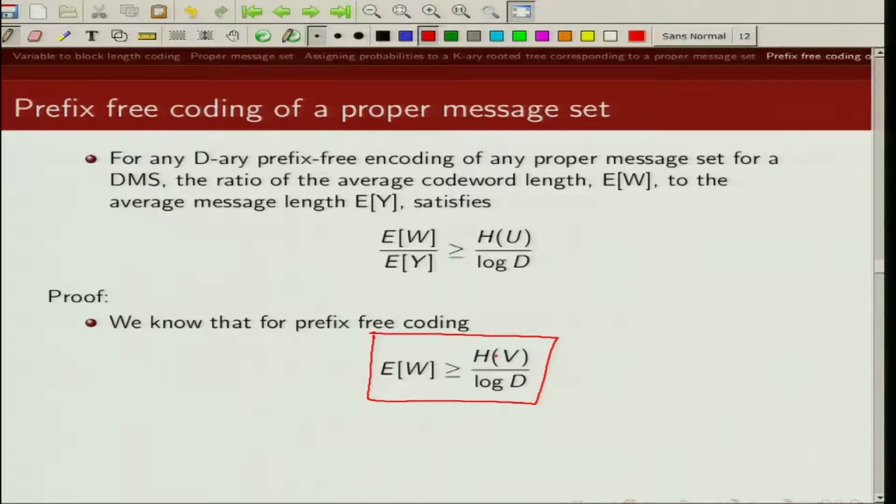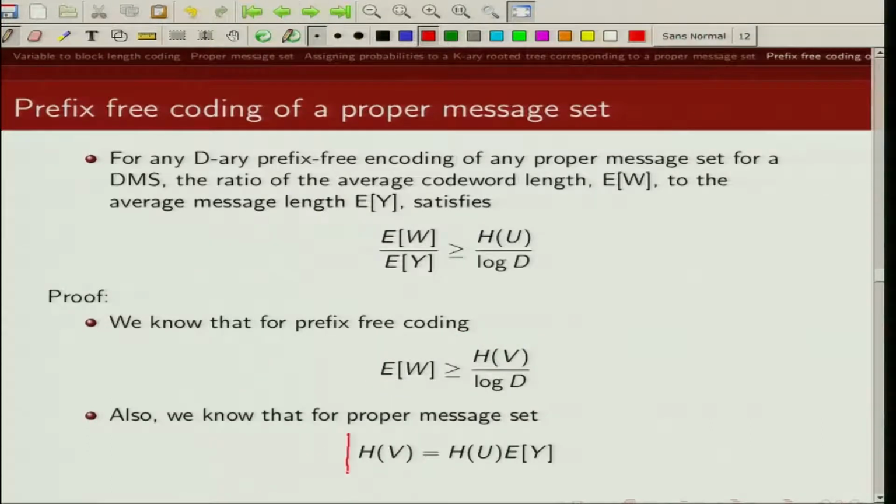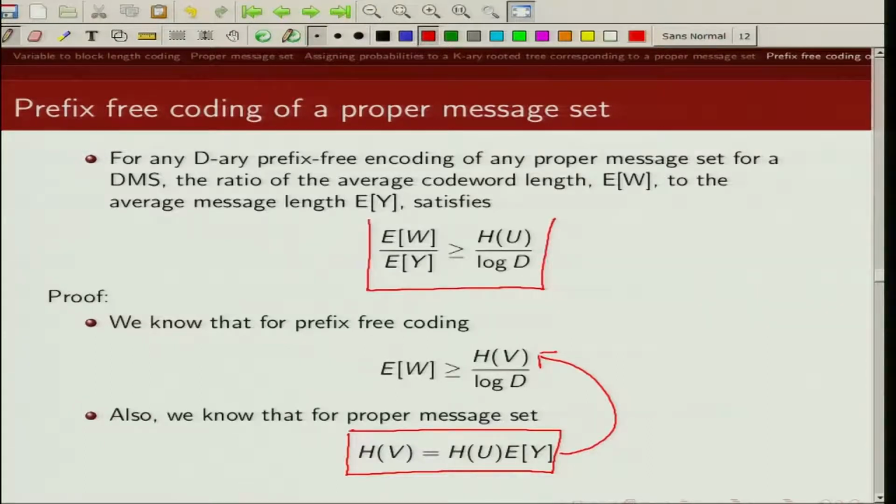The source in this case is V, so it's H(V) by log D, and I have just now proved that H(V) is nothing but H(U) times the expected value of Y. So if I plug this in here and divide both sides by the expected value of Y, I get this relation. So if I do a prefix free coding of a proper message set, then the expected output code word length to expected input length is lower bounded by entropy.